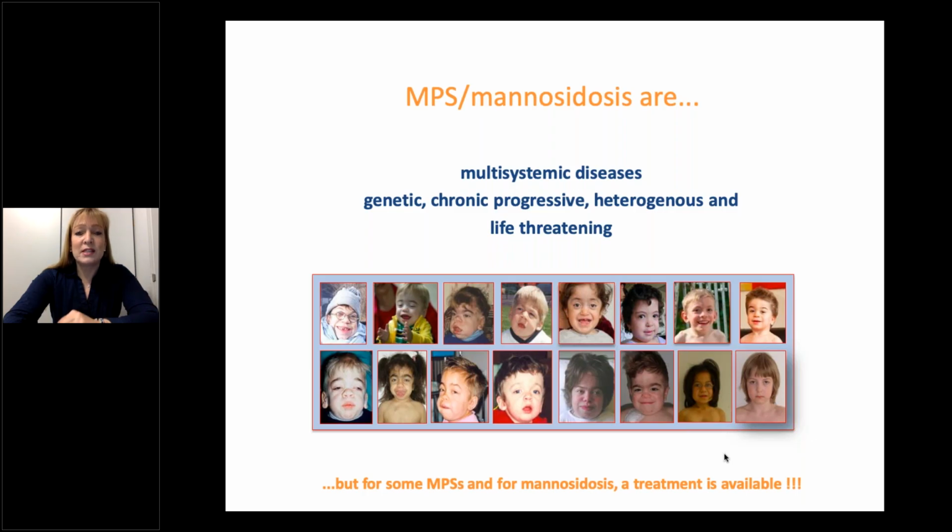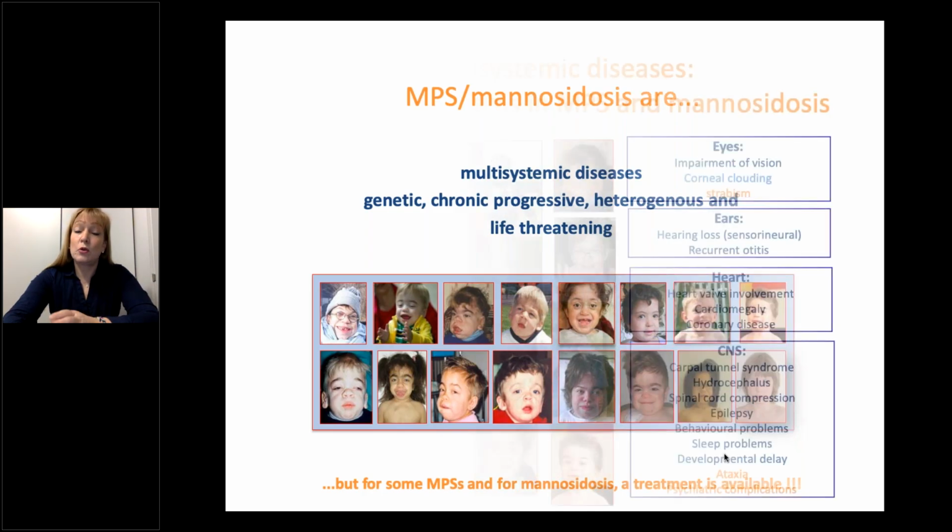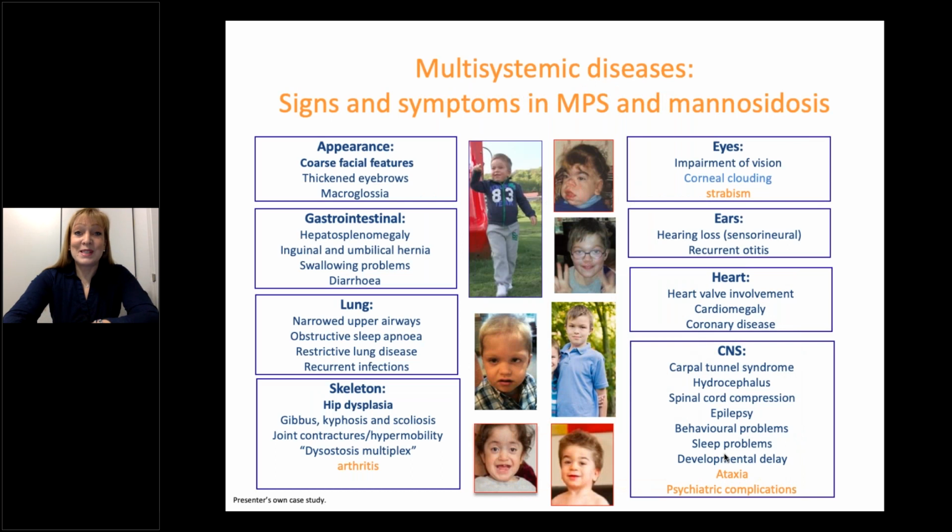But important is, even if these diseases are so rare, we have a treatment available for some MPS types and for mannosidosis. And you don't want to miss any treatable disease in your practice. It is a multisystemic disease, as I told already, and the signs and symptoms are described here with a lot of pictures of MPS and mannosidosis children.